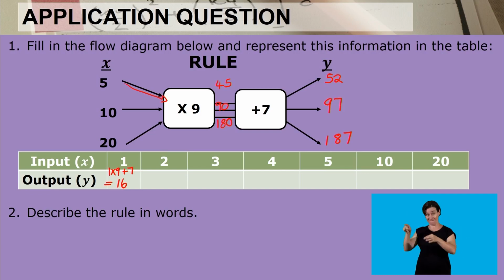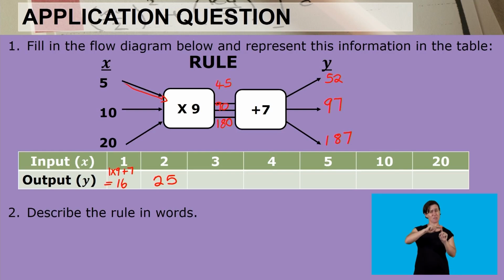What about when the input value is a 2? We know that we have to multiply the 2 by 9, that gives us 18, and when we add that 7, that is going to give us a 25. What about when we multiply the 3 by 9? That is going to give us a 27.